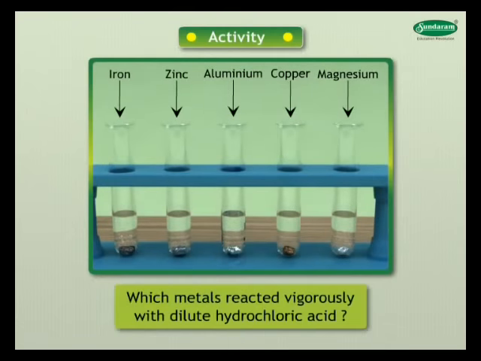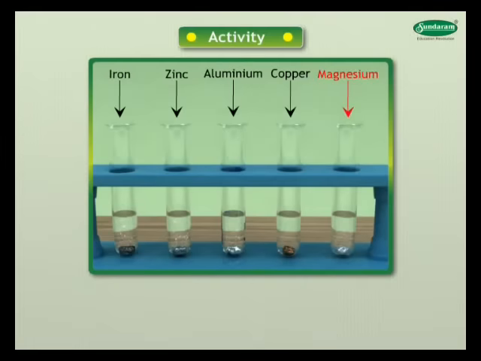Which metals reacted vigorously with dilute hydrochloric acid? Magnesium, aluminium, zinc and iron react vigorously. Rate of formation of bubbles reduces in order like aluminium, zinc, then iron.